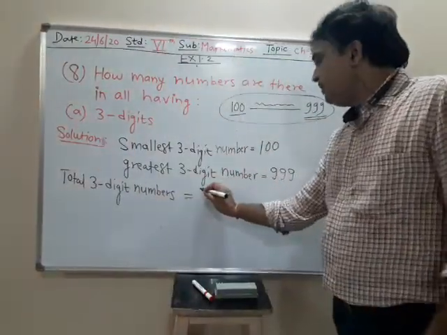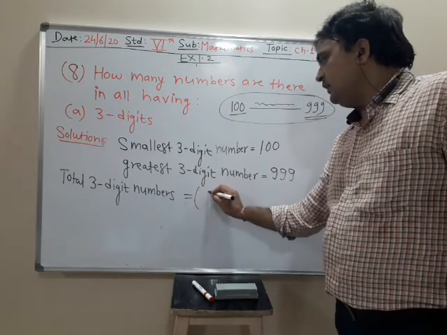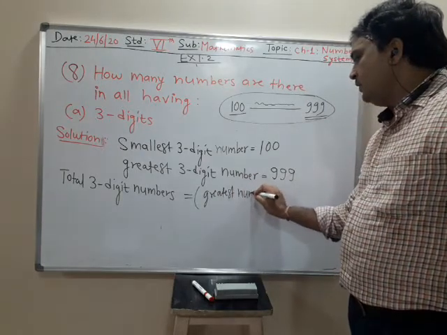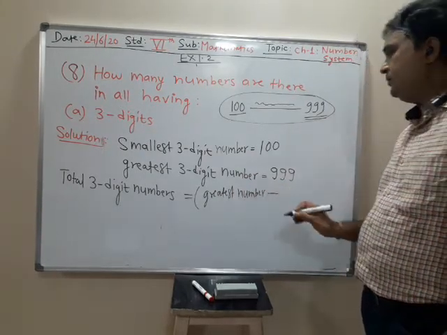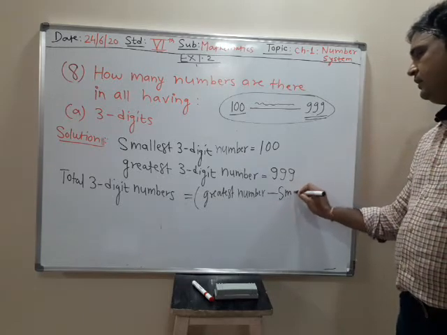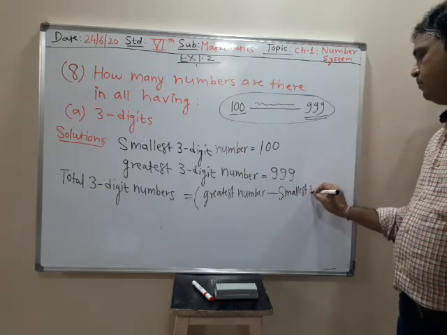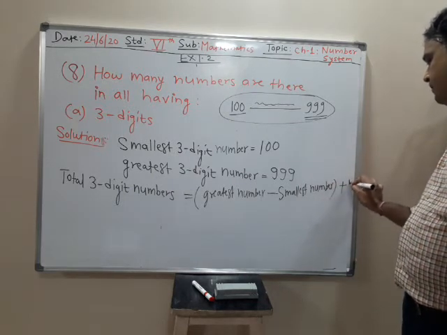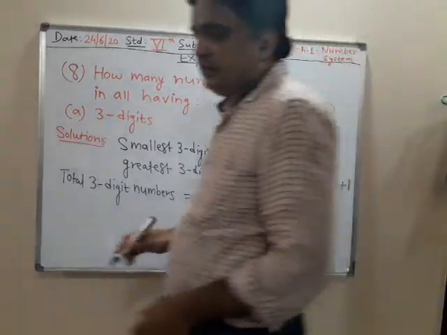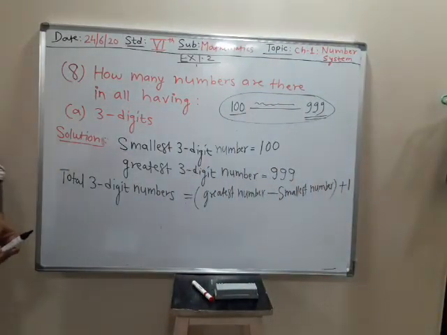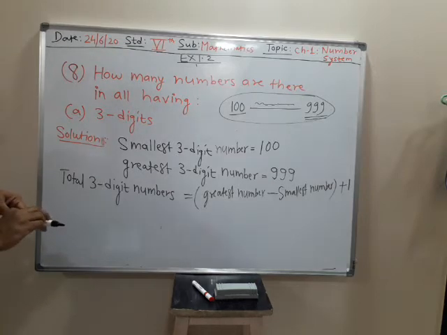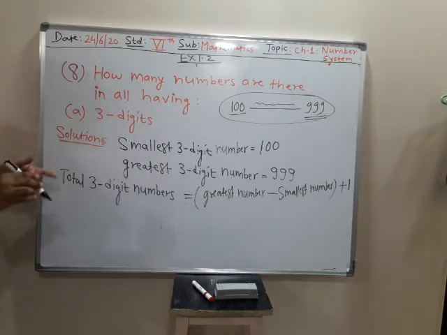There is a formula: greatest number minus smallest number, plus 1.